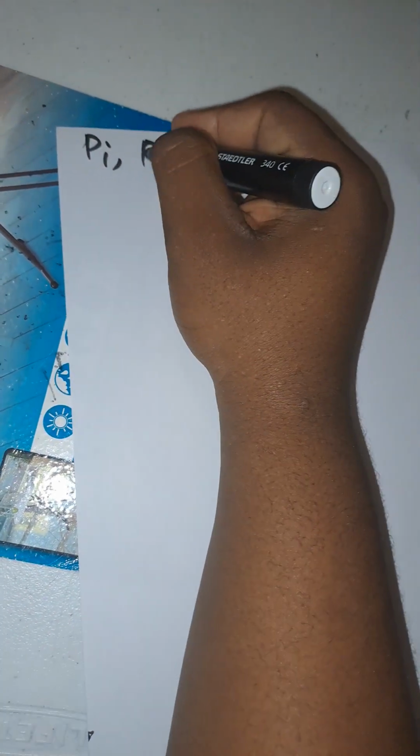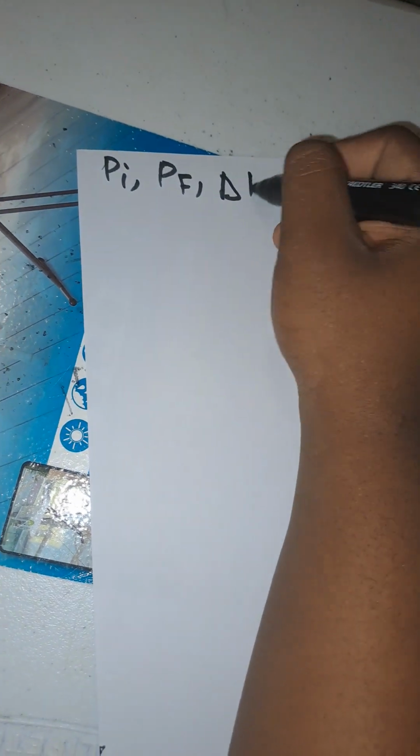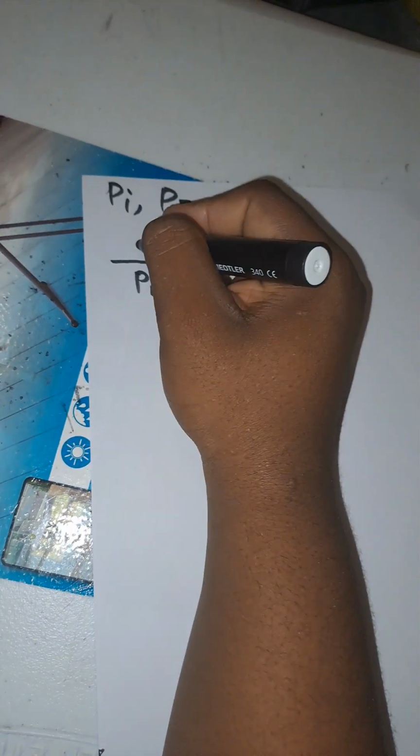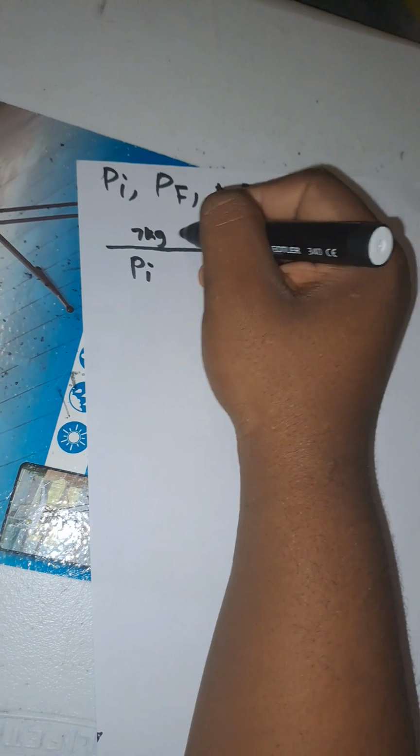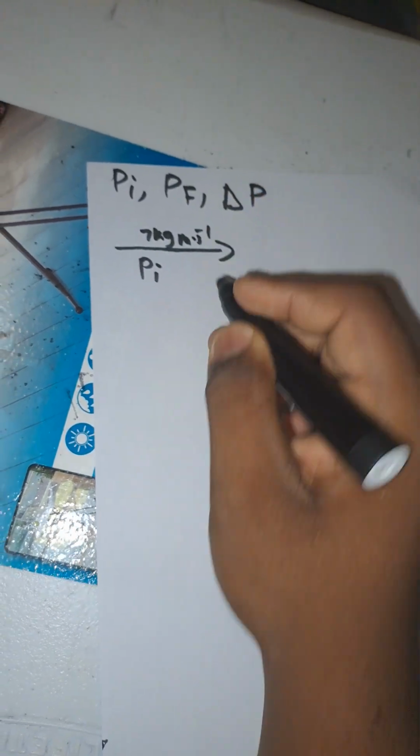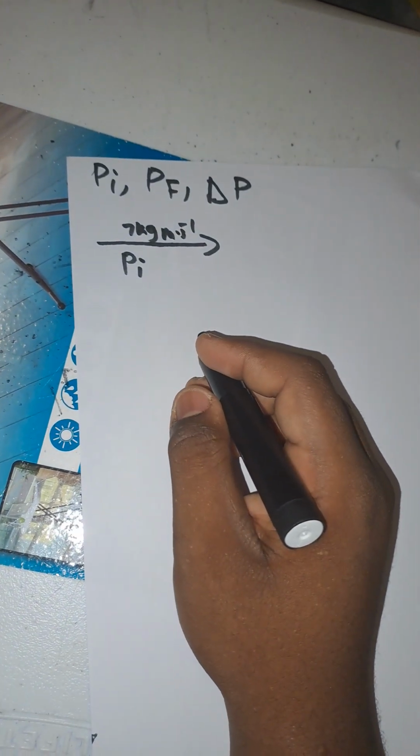Okay, so if they're saying draw a vector diagram for that, pi, pf, and delta p, you simply do what? It was 7 kg m/s to the east, so you just draw this and then write your pi, and then say 7 kg m/s, and then 10 kg m/s in the opposite direction.